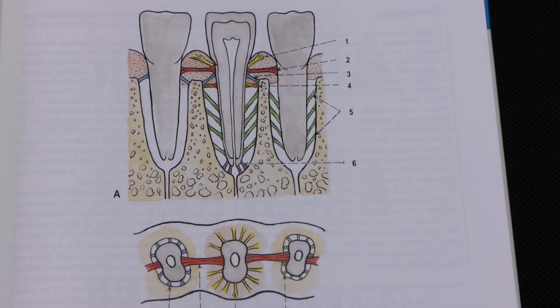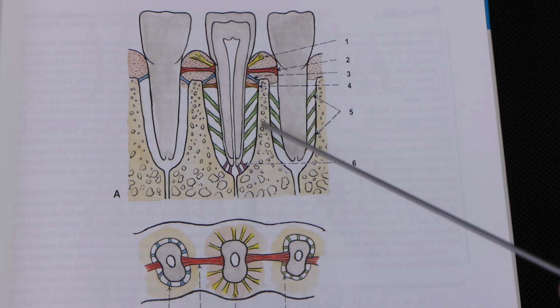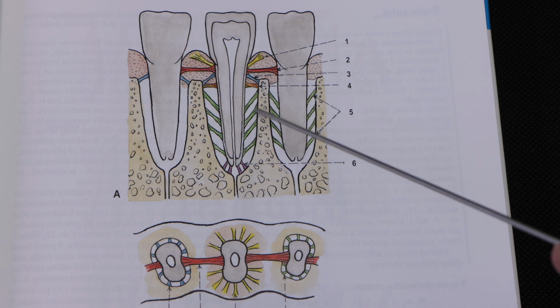As you see, the direction of the apical or periapical ligaments is the reverse of the direction of the oblique. Horizontal is horizontal. Those are the ligaments of the interalveolar part. They attach the alveolar process of the jaw to the cement of the tooth.